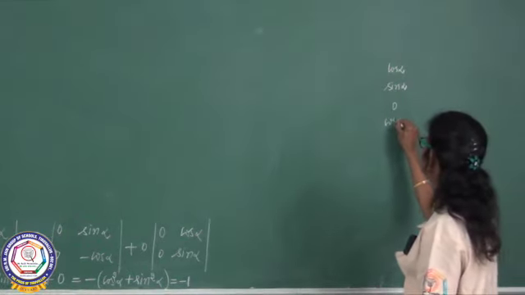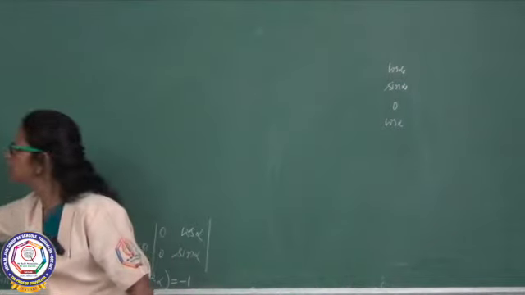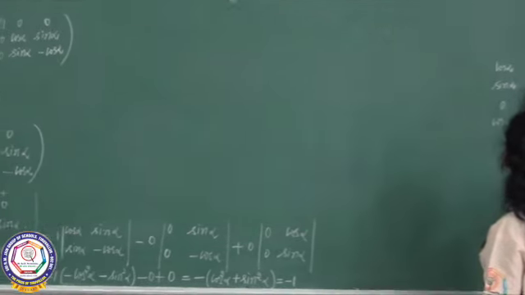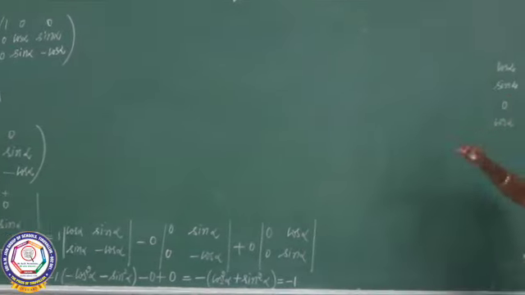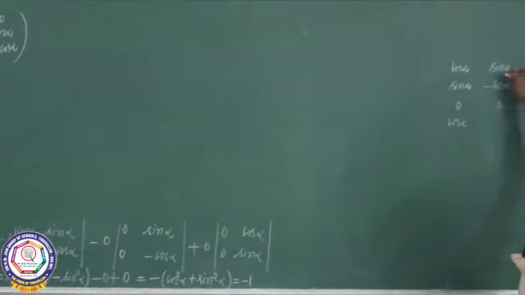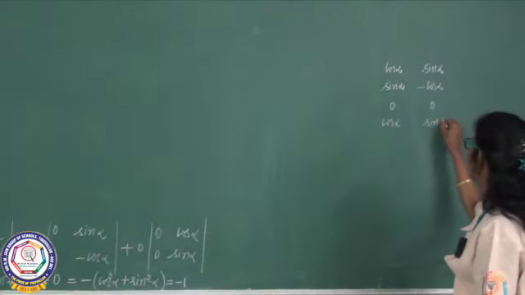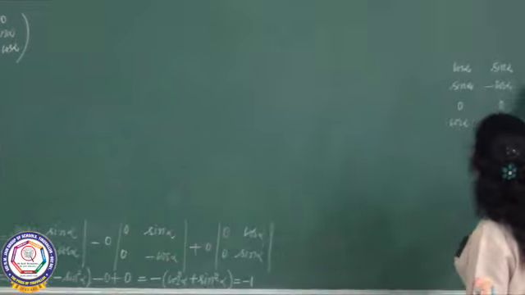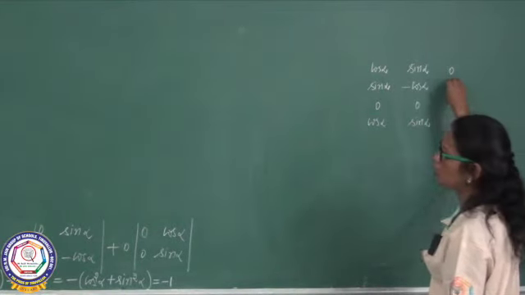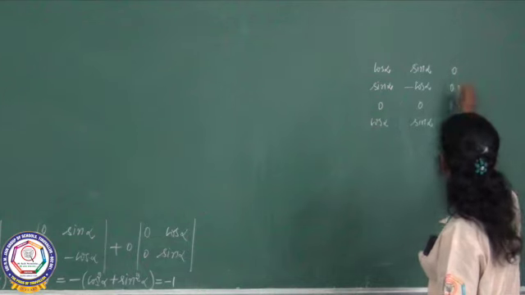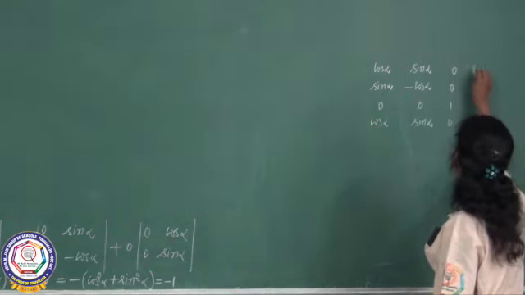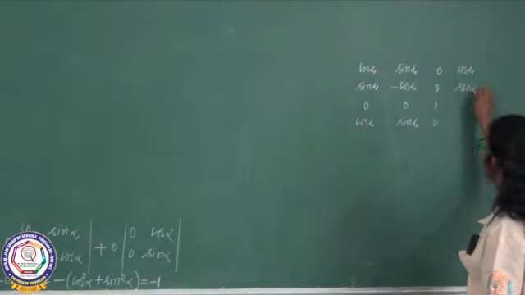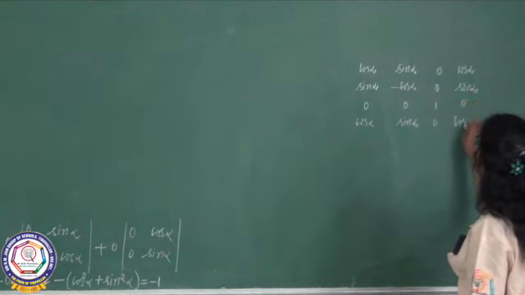Next, move towards the right: sin alpha, below sin alpha minus cos alpha, above sin alpha 0, and end with that sin alpha. Then move towards the left: 0, below 0 again 0, above 0 is 1. The first column you wrote, repeat the same at the end: sin alpha, 0, cos alpha.